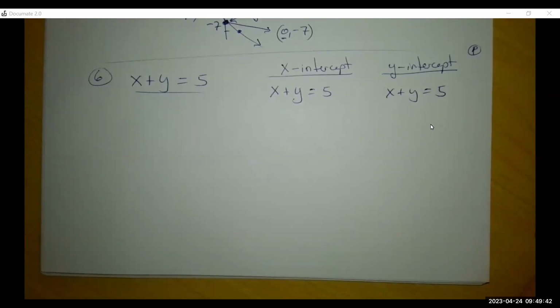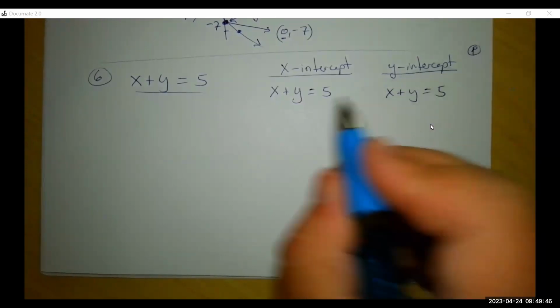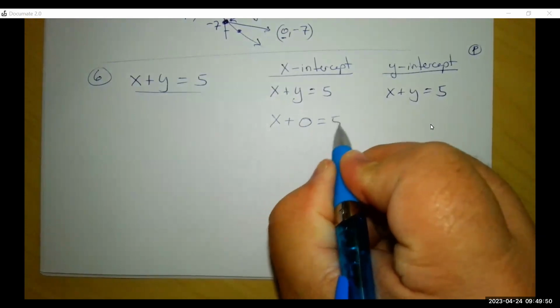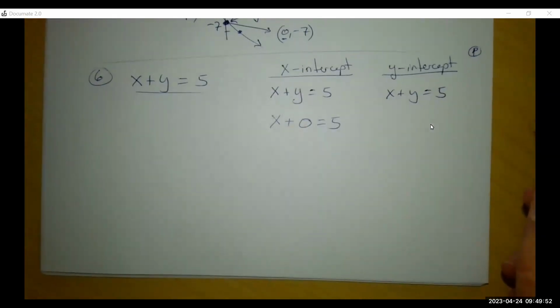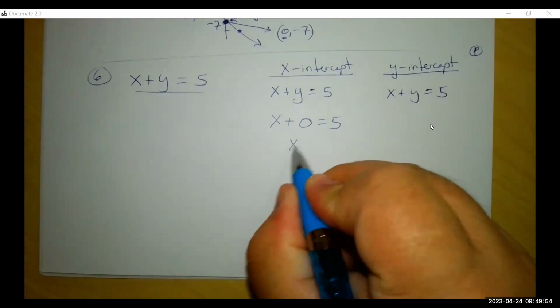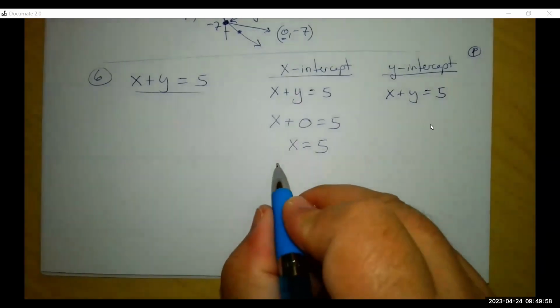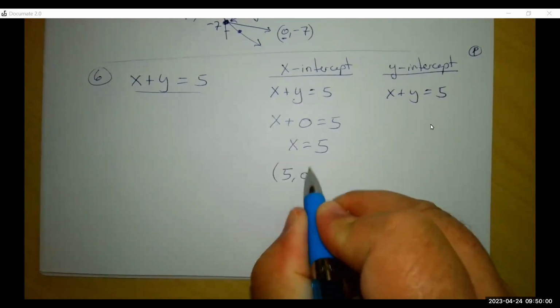Really? We just talked about it 5 seconds ago. Set y equal to 0. So x is 5, y is 0.